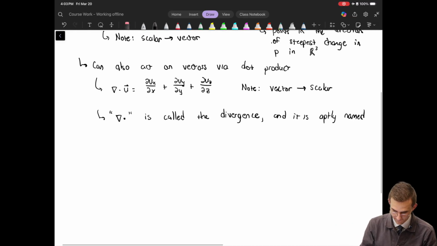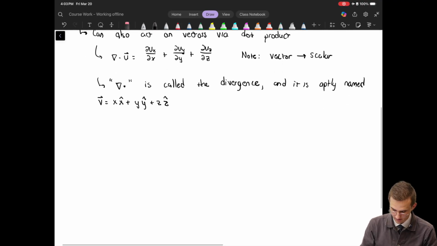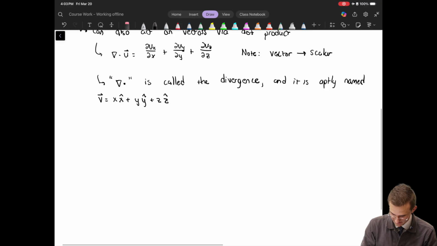Okay, so let's say we look at the vector field V, that is x hat plus y hat plus z hat. Well, what does that look like? Let's say that this is the origin, the x, y, z equals 0 point.